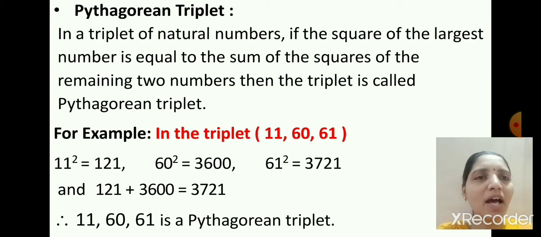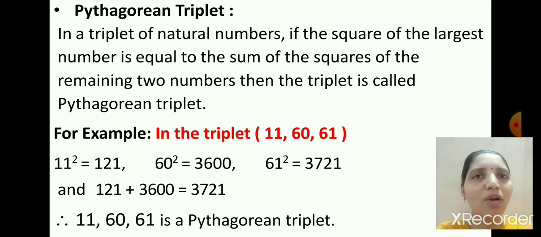Now which is the largest number here? Yes, 61. So we have to show that 61 square is equal to the sum of squares of 11 and 60. So here we have got the answer: 11, 60 and 61 is a Pythagorean triplet. Is that clear to all of you?